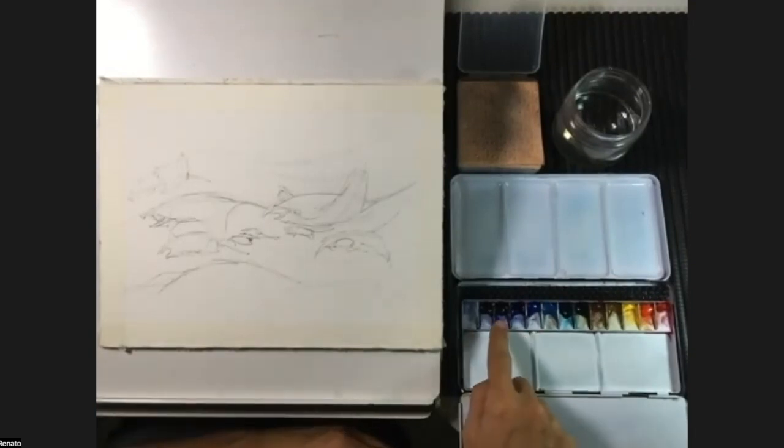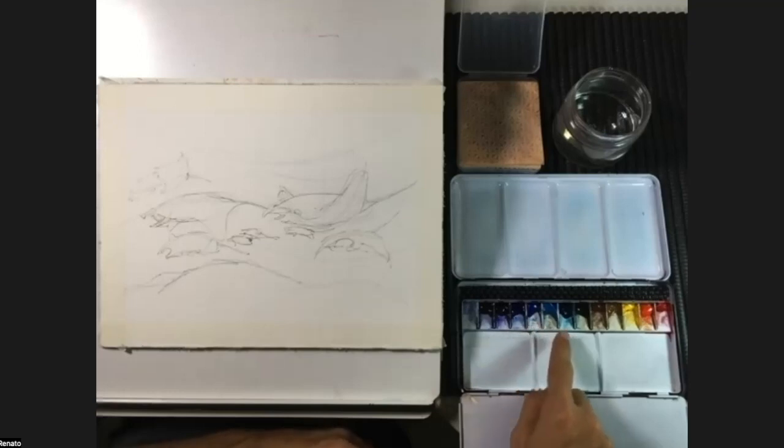I use the paints from the tube here. I put them straight from the tube into the palette. I will even wet them a little bit. It's quite hot here today, and the paint dries a little bit fast.